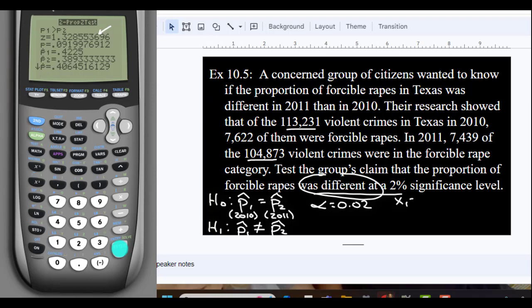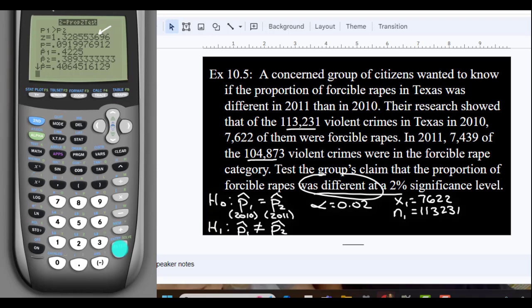Notice X1 is going to be what the research showed in 2010, so 7622, and N1 is 113231.